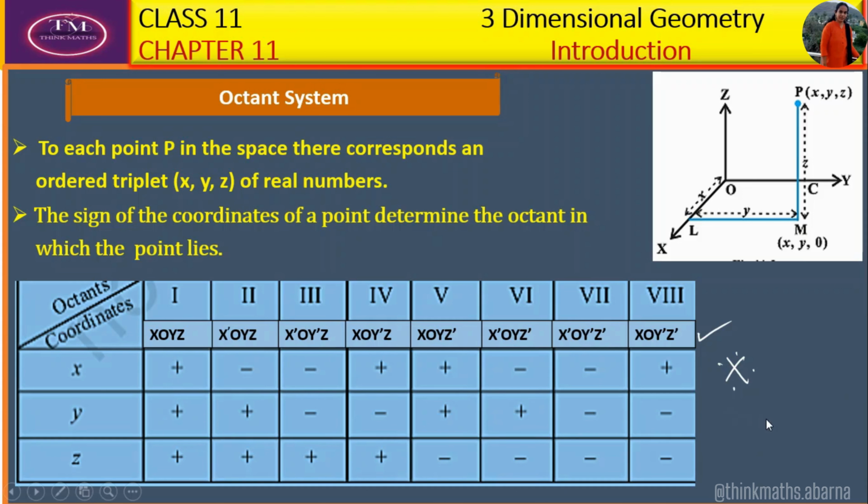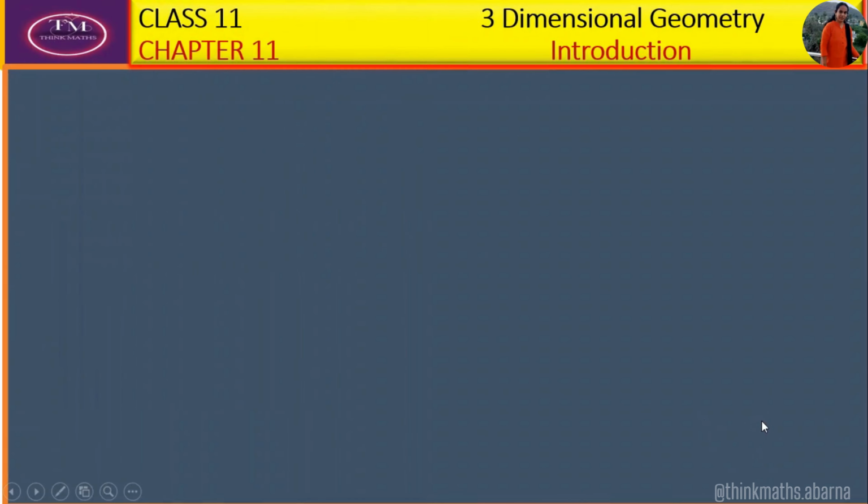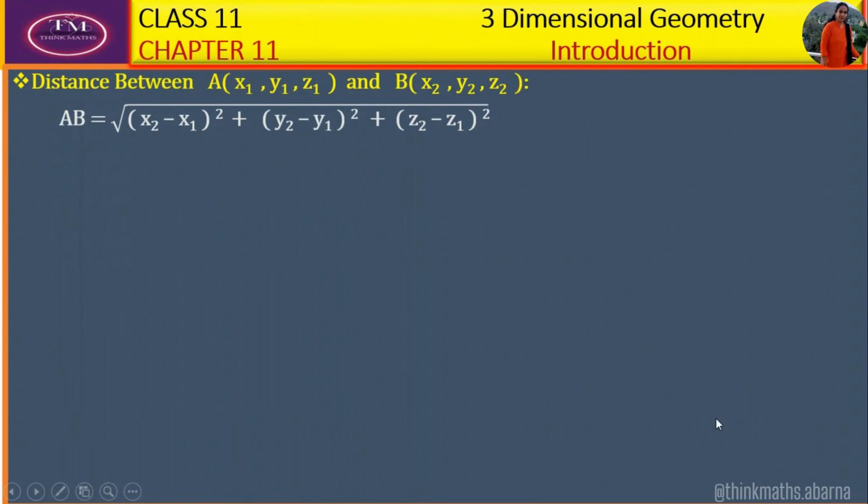Next, we will see the formulas related to it. What are the formulas? The first formula is the distance between 2 points. We already learned in coordinate geometry, that is two-dimensional geometry, the distance between A and B, with x1, y1, x2, y2. In three dimensions, we have three coordinates, x1, y1, z1, and a point B with x2, y2, z2.